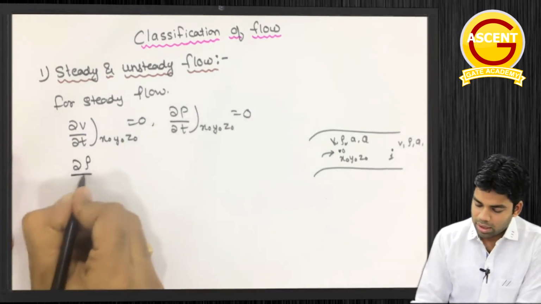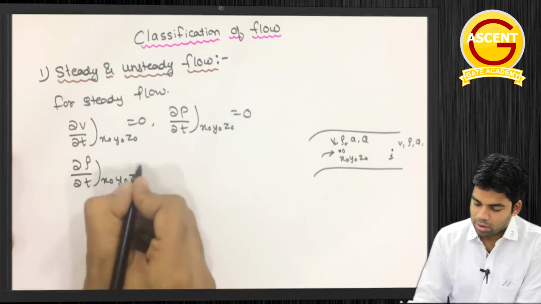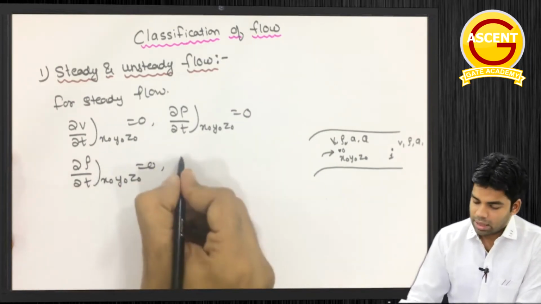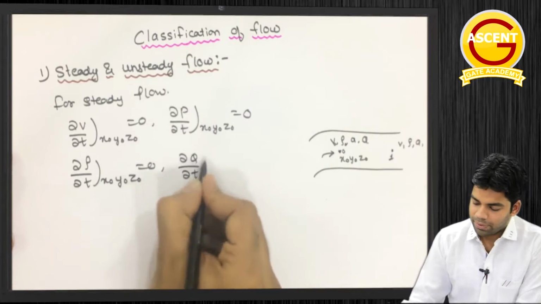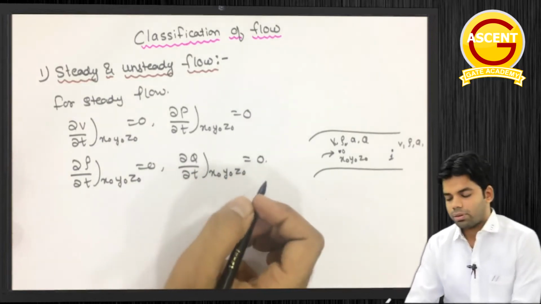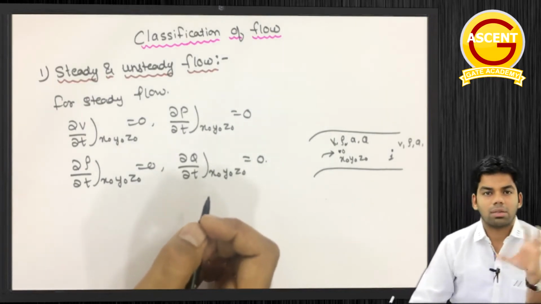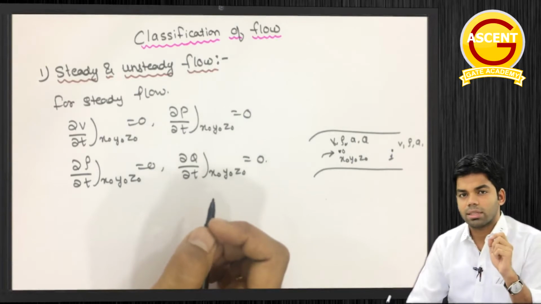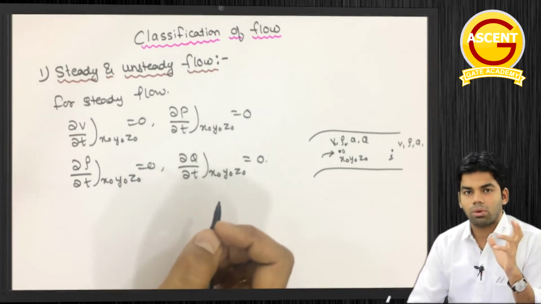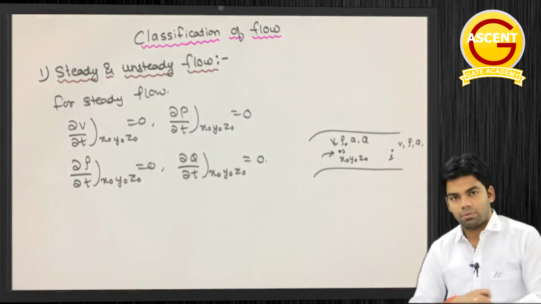Similarly density, del rho by del t at x naught, y naught, z naught is equal to 0. Similarly discharge, del q by del t at x naught, y naught, z naught is equal to 0. That means the velocity, the pressure, the acceleration, the discharge, all these properties do not change with respect to time at a particular space coordinate.